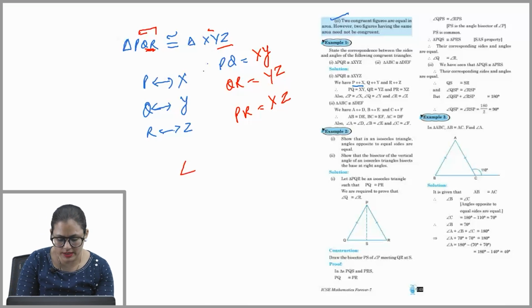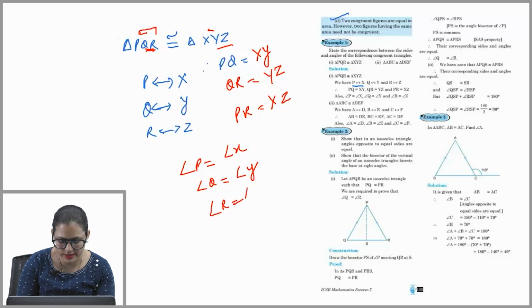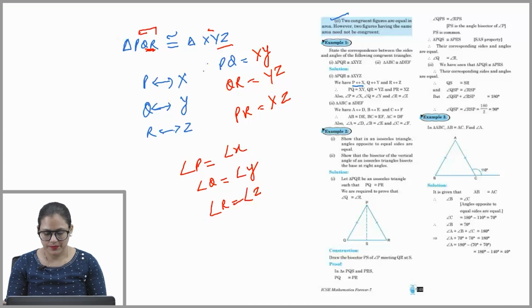Also angle P is equal to angle X, angle Q is equal to angle Y, angle R is equal to angle Z.